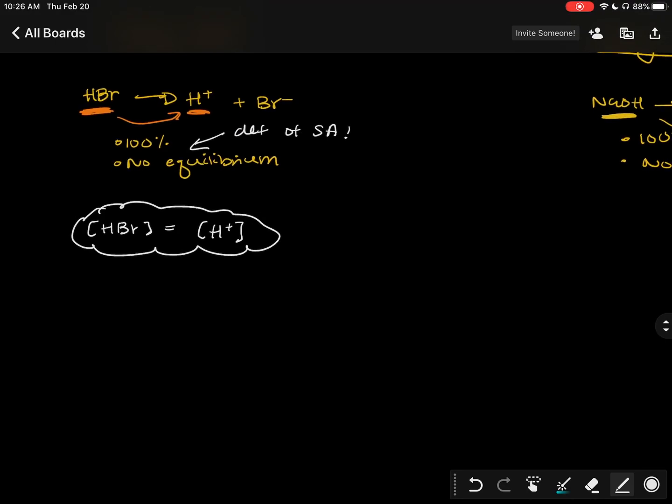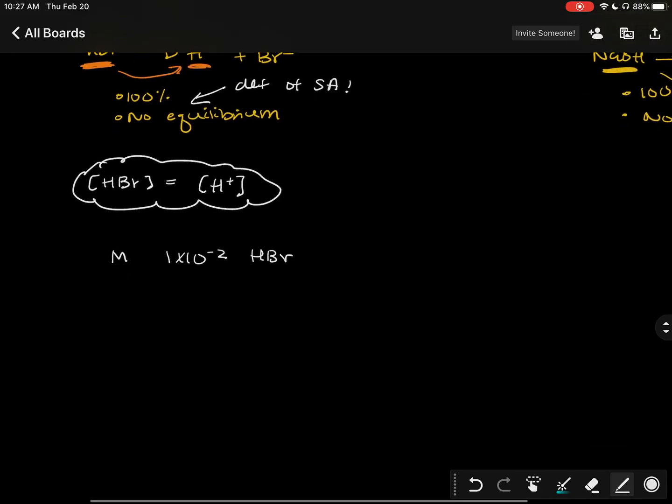Okay, so let's say that I knew that I had a molarity of 1 times 10 to the negative 2 of HBr. So that means that 1 times 10 to the negative 2 equals our H+ concentration, because I'm just directly subbing it into this formula, which is my HBr concentration equals my H+ concentration.